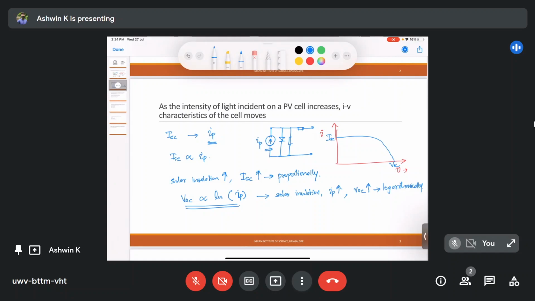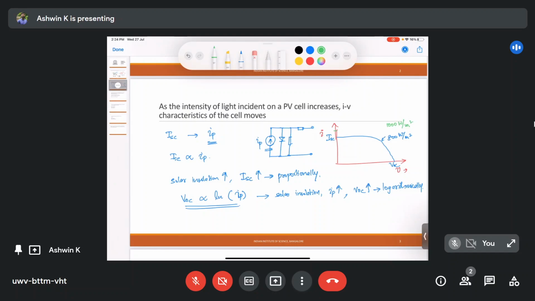So let's say this blue curve was under an insolation of 800 watt per meter square. Let's draw a curve which is under an insolation of 1000 watt per meter square. The green curve would correspond to 1000 watt per meter square. Since the insolation has increased, your ISC has to increase proportionally.